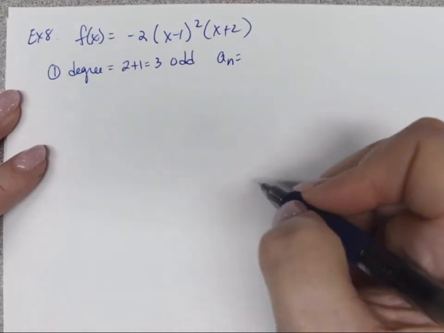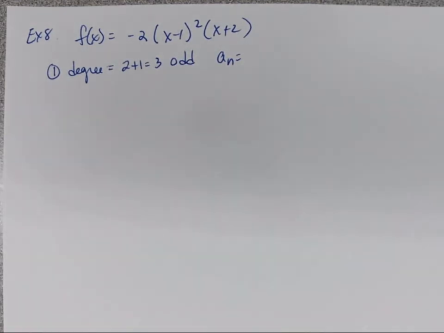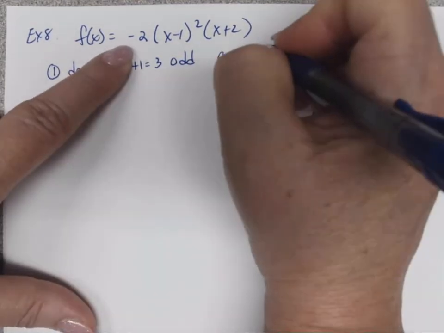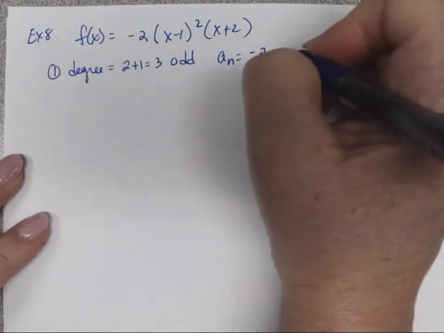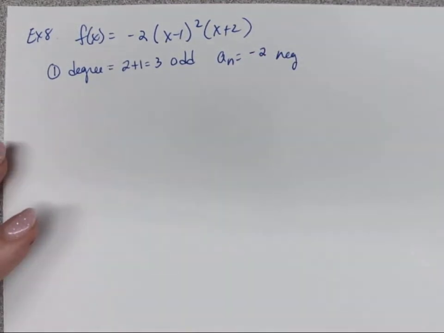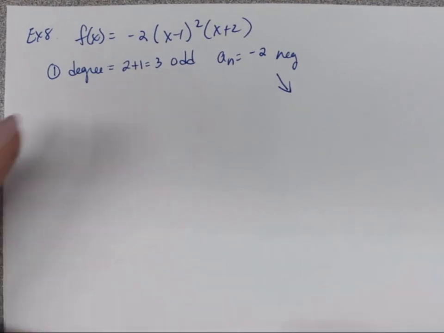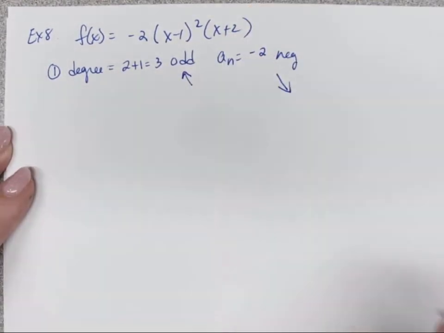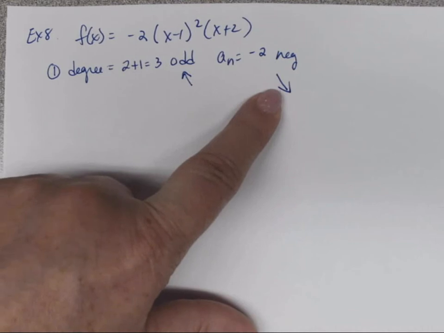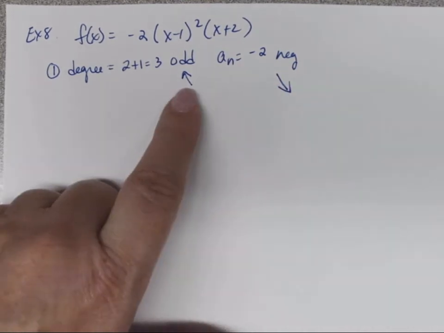Our a sub n, or our leading coefficient, you can write it as LC, doesn't matter, is -2, and we care that it is negative. The negative tells us it's going to go down, and the odd tells us it will go opposite. So the other one will go that way. It's always easier if you figure this part out than trying to figure out this side first.